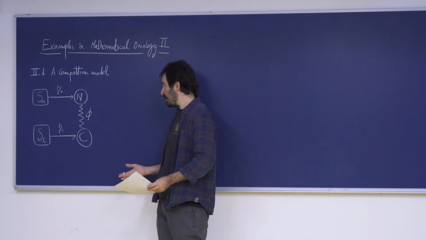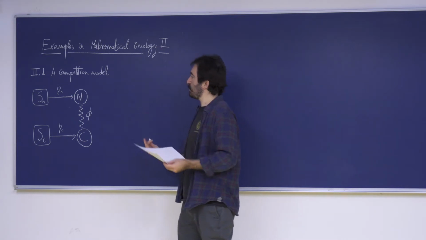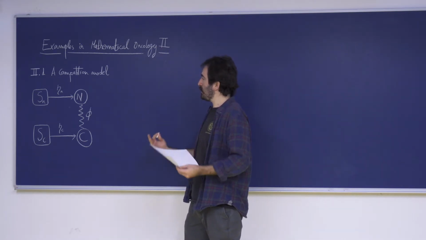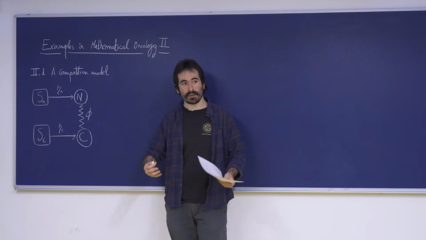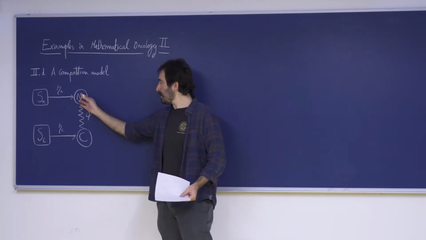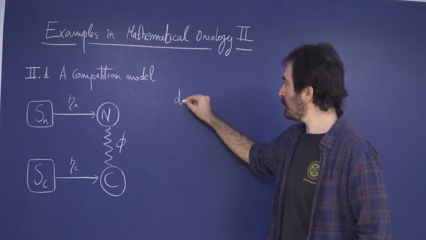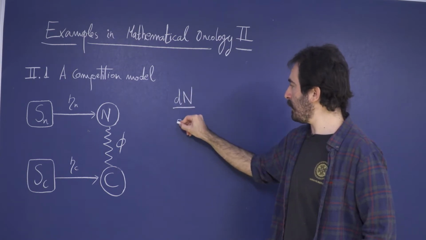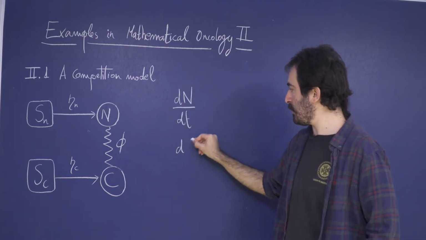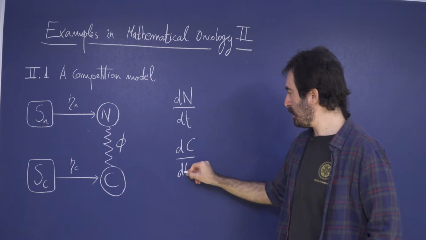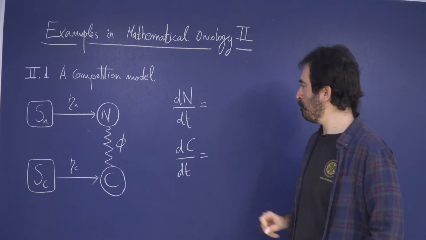So, just as we've done before, we start by considering the ordinary differential equations that are governing this system. These are going to be our two variables of interest. There are two differential equations here, up and below.